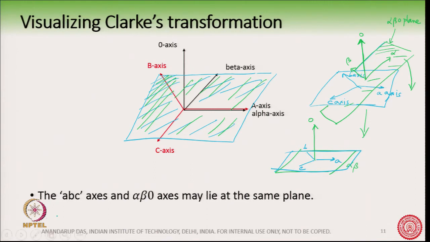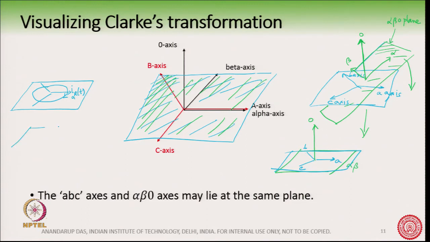In case the system is balanced, in this ABC plane the space vector, suppose IRT, is rotating, because you have this A axis, B axis and C axis, and the space vector is rotating. In case of a balanced system, this is circular in nature.